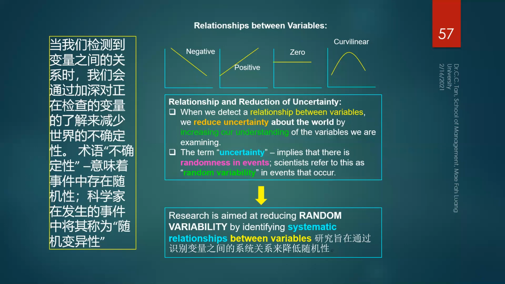And once you understand, for example, two variables, variable 1 and variable 2, such as ambidexterity and competitive advantage or performance, you will probably find a negative relationship between these two variables, or a positive relationship, or no relationship at all, or the relationship is not linear, but curvilinear.